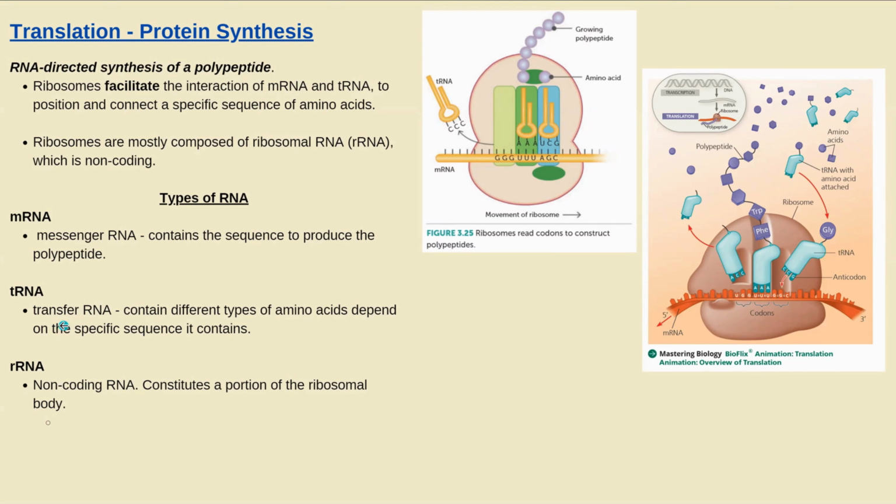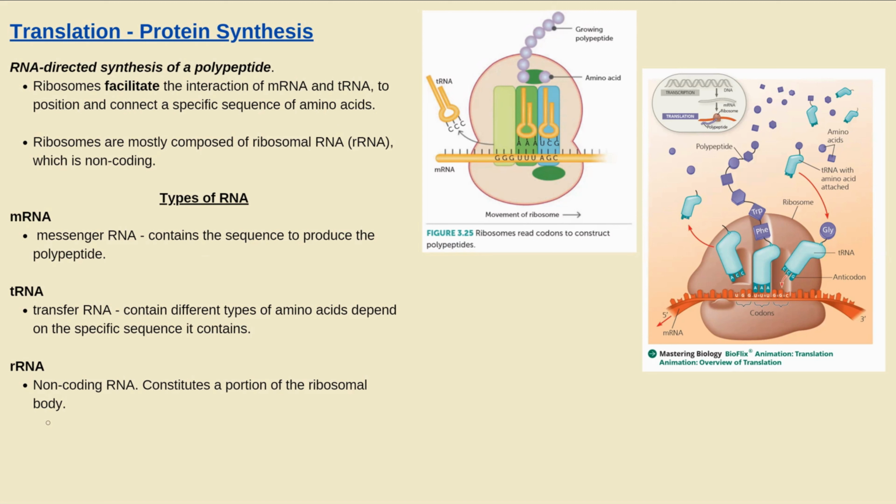tRNA, which is referred to as transfer RNA. These are small little molecules. Here you can see one little example, and here are some other examples of the diagrams representing them. They carry specific amino acids depending on their particular anticodon sequence.